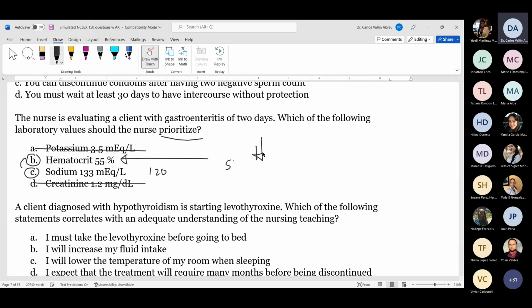So hemoglobin, 18. Why so high the hemoglobin? Why so high the hematocrit? Dehydration. The patient is seriously dehydrated, is hemoconcentrated, because there is too high hematocrit, too high hemoglobin.